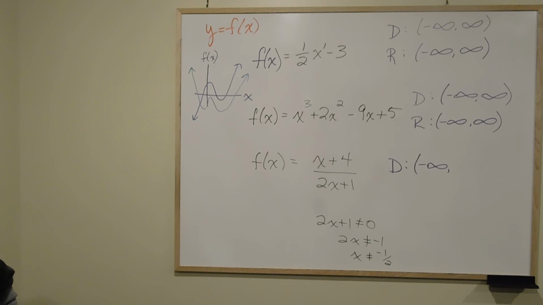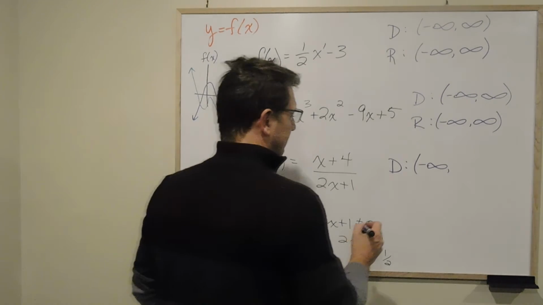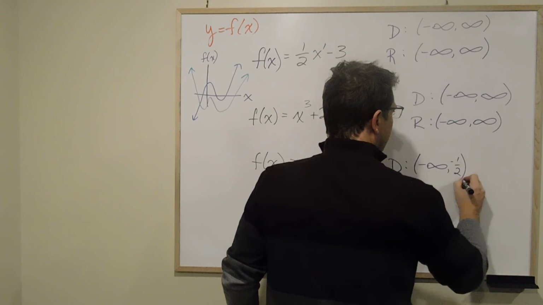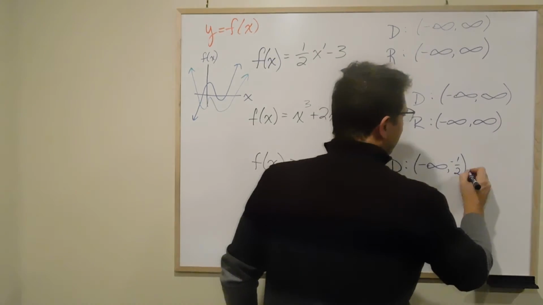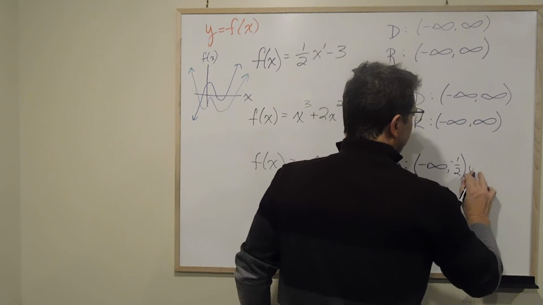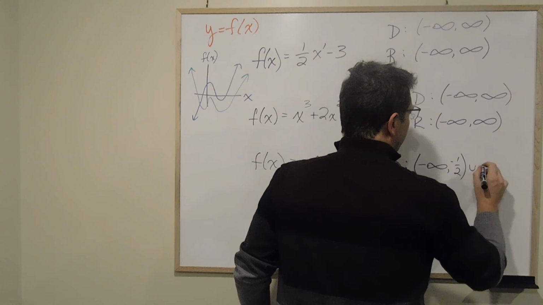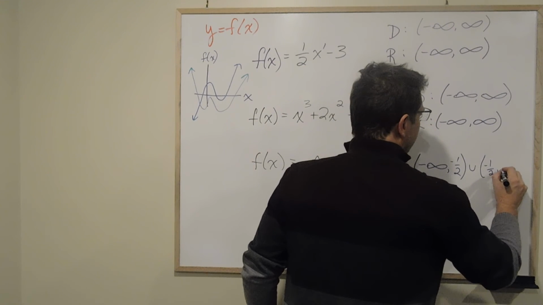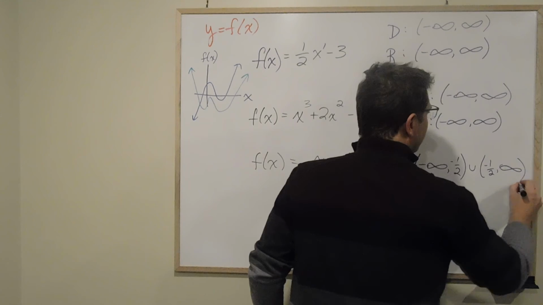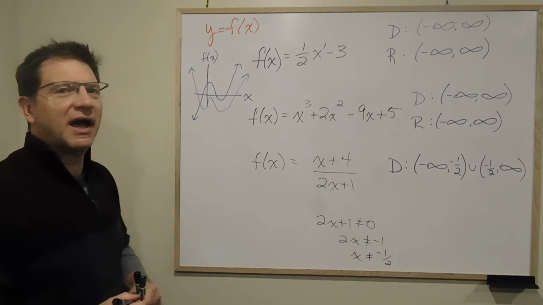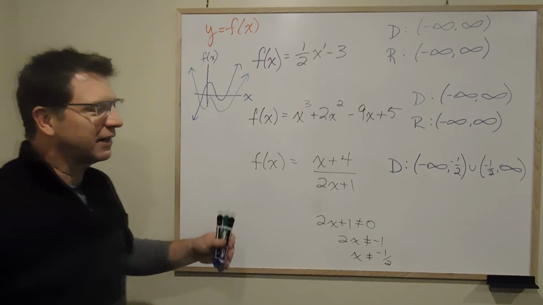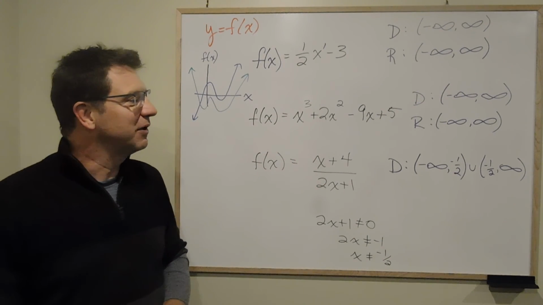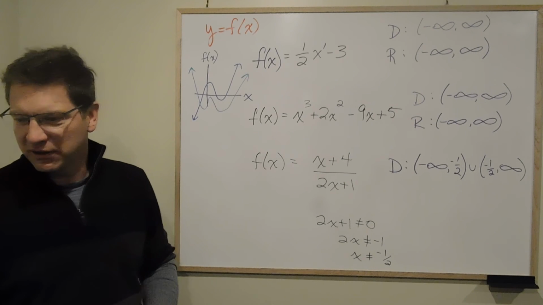But it doesn't include negative 1/2. And then we use this fancy union, a continuation of negative 1/2 to positive infinity. And when you look at it, go back to your interval stuff and where we use the brackets and where we use the parentheses, and you'll see how that works there. Okay.